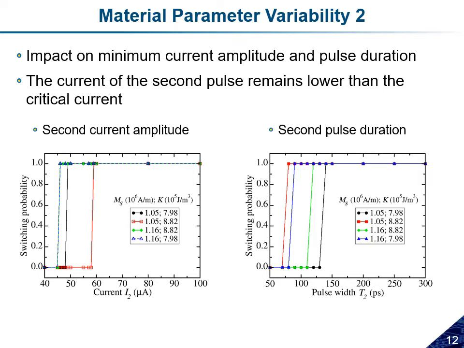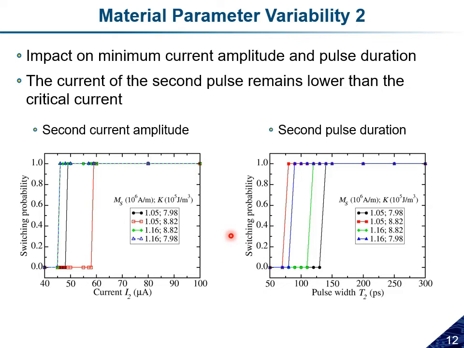We further extended this variability analysis and considered the extreme cases of variation of MS and K, basically taking the four corners of the plus or minus 5%, and checked the impact of such variations on the current amplitude of the second pulse here on the left and on the pulse duration here on the right.